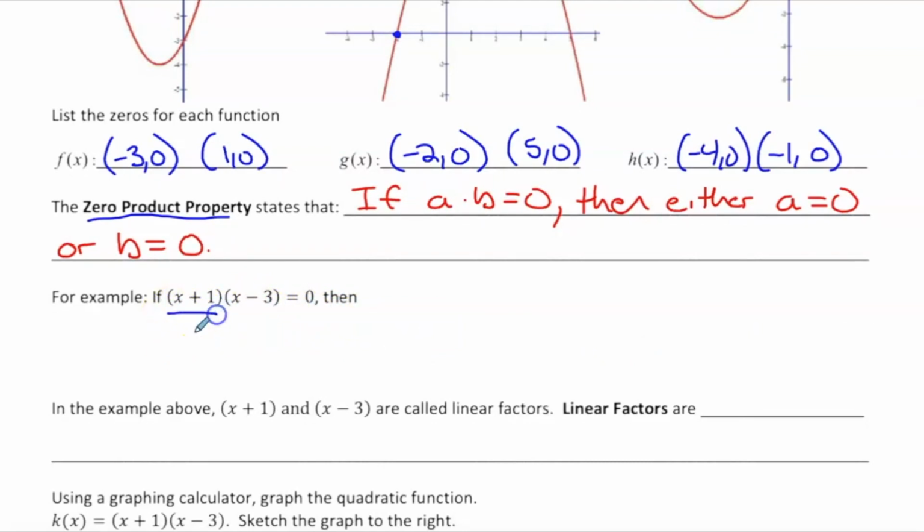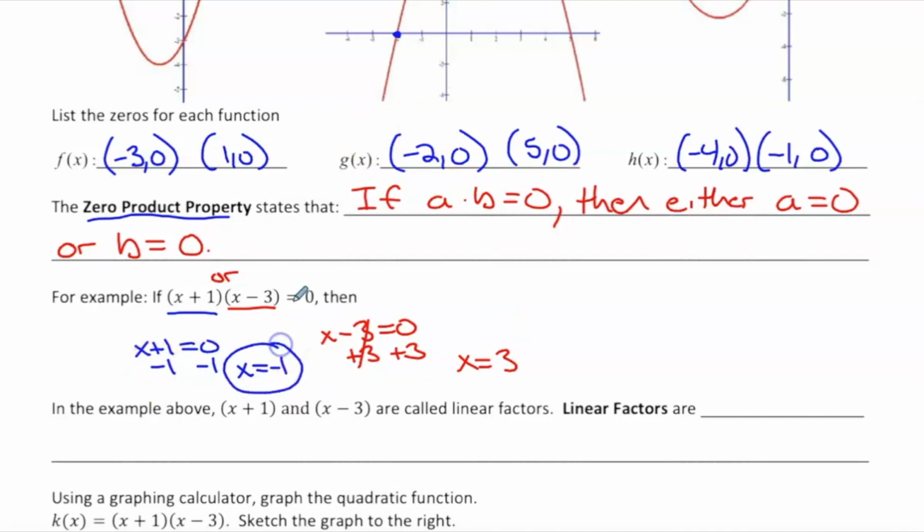So that tells me either x plus 1 can equal 0, or based on the zero product property, x minus 3 could equal 0. Then we could do some quick math. That tells me that one solution is x could be 3, another solution would be x could be -1. And I could verify that on the graph, and I see that there are two solutions.